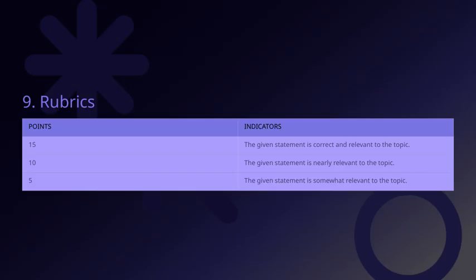A 5 suggests that the statement is somewhat relevant. It touches on the topic, but doesn't quite hit the mark. This ranking helps us prioritize and evaluate information based on its importance and relevance to our overall theme. It's a useful way to ensure we're focusing on the most impactful points and maintaining clarity throughout our presentation.